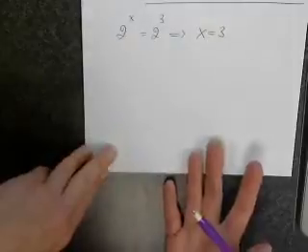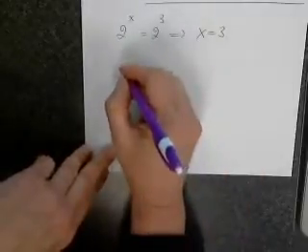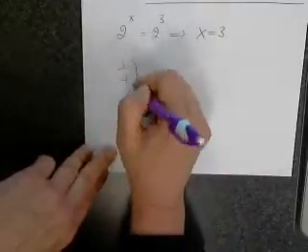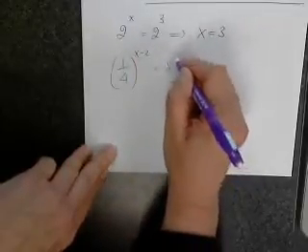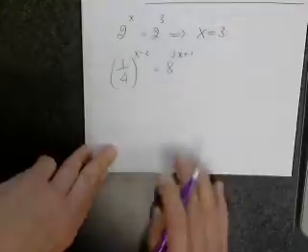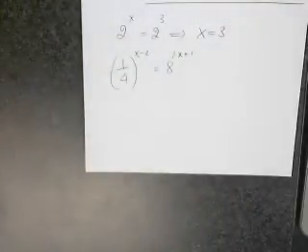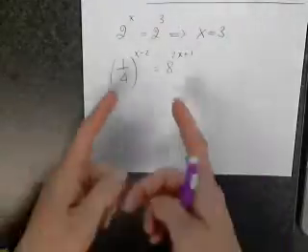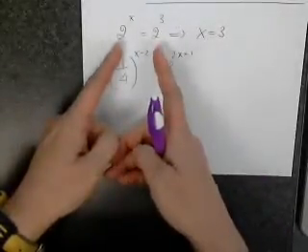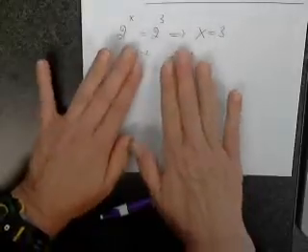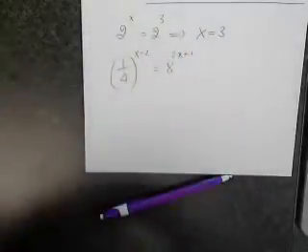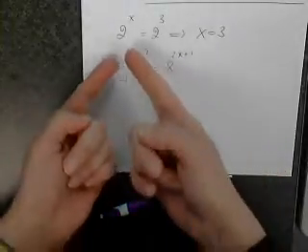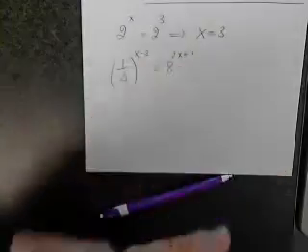Now the next one will be slightly more difficult. So let's say 1/4 to the 2x minus 2 equals 8 to the 2x plus 1. Can I use the same concept from before? No, I can say the two numbers are equal, but I cannot say that they have the same base. Now I'm going to ask myself, can I write 1/4 and 8 with the same base?